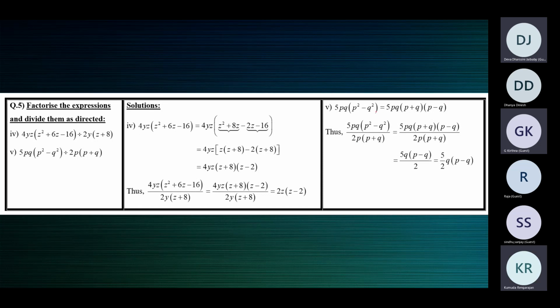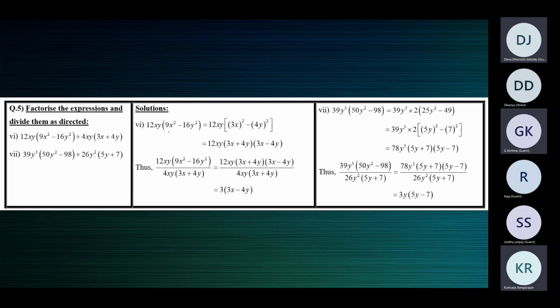In the fifth one, it was using a square minus b square. In the sixth one also using a square minus b square, 9x squared, 16y squared. You were happy with the numerator because both the numbers in the bracket were perfect squares. But in the seventh one, here also there are 2 terms, so you know you have to use a square minus b square, but they are not perfect squares.